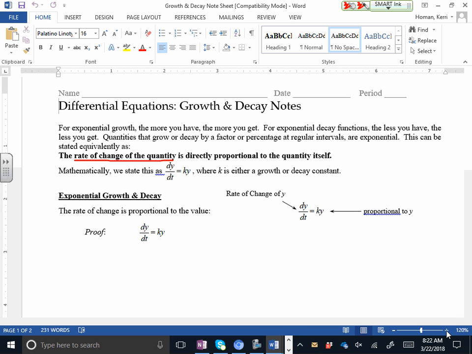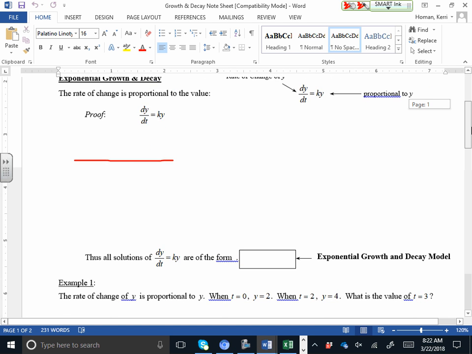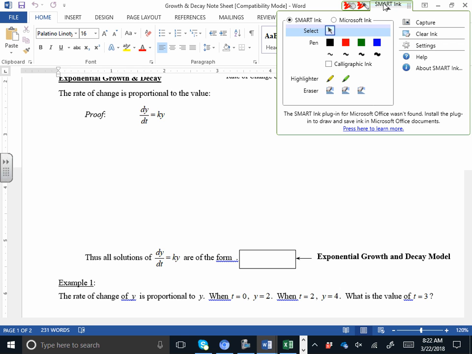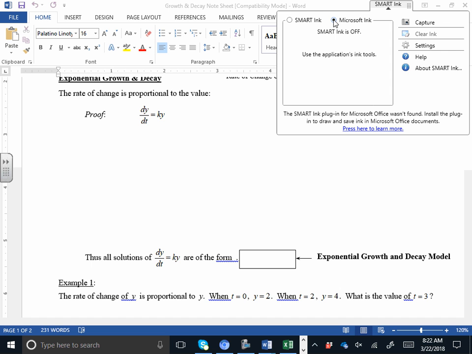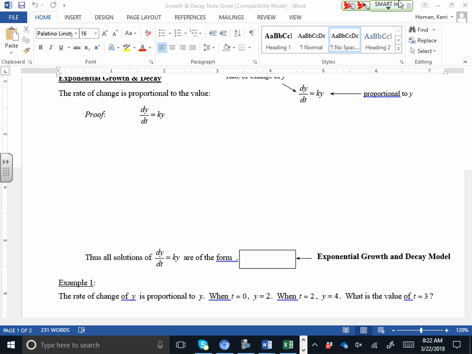Now, let's go ahead and use our skills here to actually solve that differential equation. All right, so if I'm going to solve this, what do we do? Divide by y.